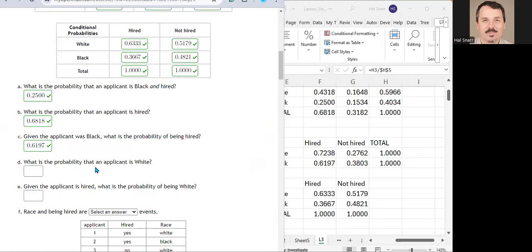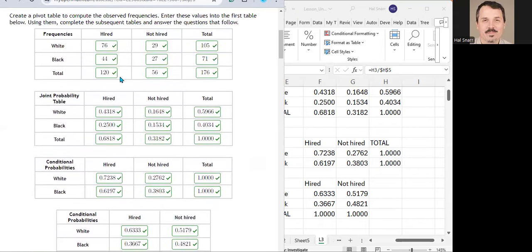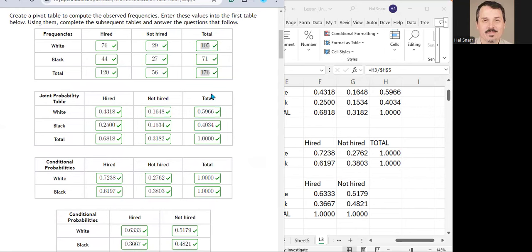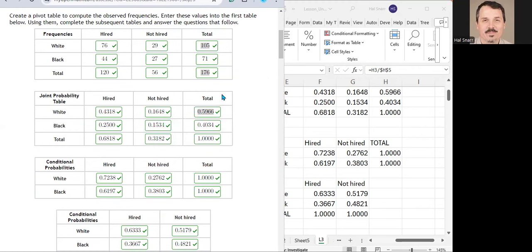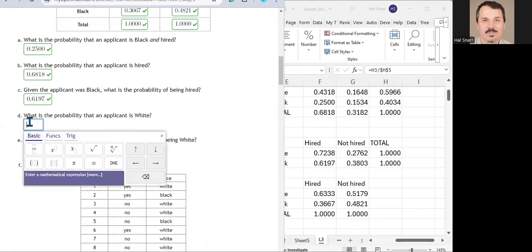Now, what is the probability that an applicant is white? We had 105 white applicants and 176 total applicants, 105 divided by 176. Well, that was this number here, 0.5966, in the total column in the white row of the joint probability table. This marginal probability is the probability that an applicant is white.